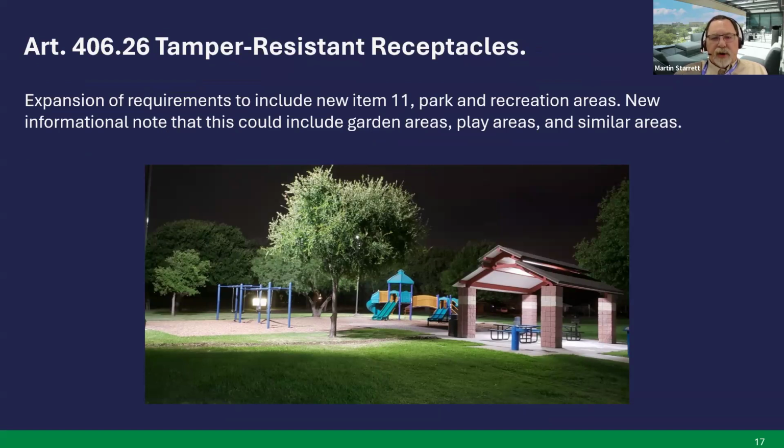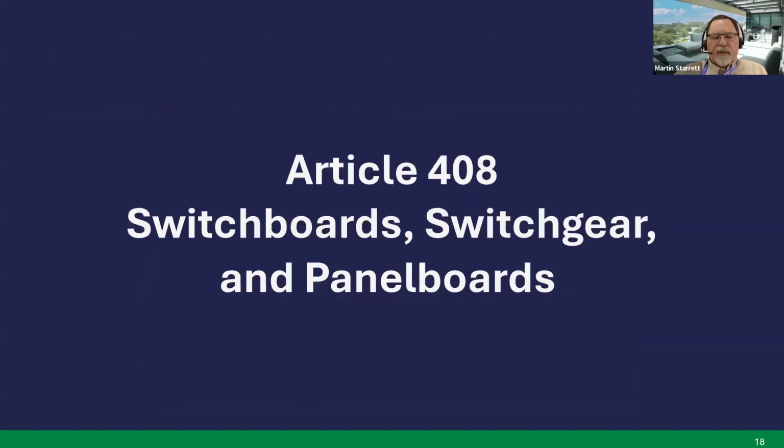So if you're doing any wiring in these types of installations, you have to make sure that you provide tamper resistant receptacles in those areas. Next slide. Article 408, switchboards, switchgear, and panelboards.